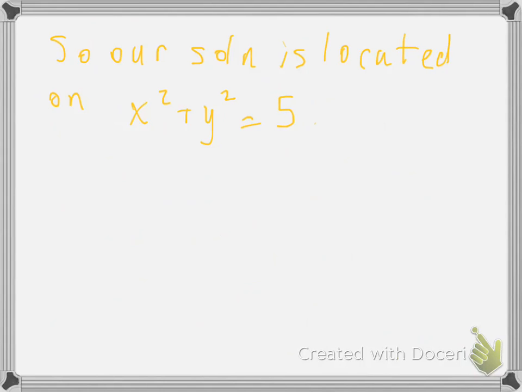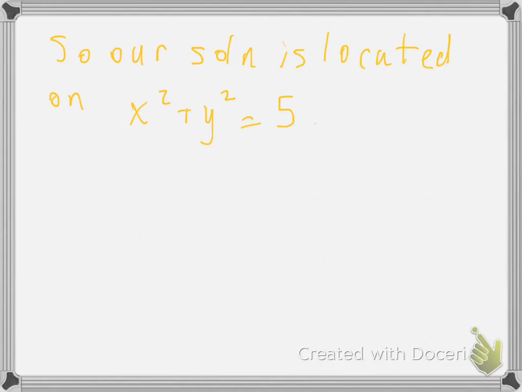Now you might ask yourself, why did I say our solution is located on that curve rather than being x squared plus y squared equals 5? Well, the first thing is x squared plus y squared equals 5 is the equation of a circle, and so it is not a function. And since we want our solutions to be functions, we know that this whole circle cannot be our solution because it doesn't pass the vertical line test.